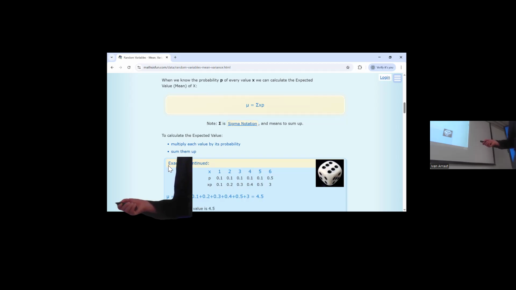You sum this plus this plus this plus this plus this. This is the mean value, actually, the expectation value. 4.5 is this guy. So this shows something. The mean value is not 3.5 as we should expect in a normal dice. In this case, it's 4.5, so it's around here, the mean value.